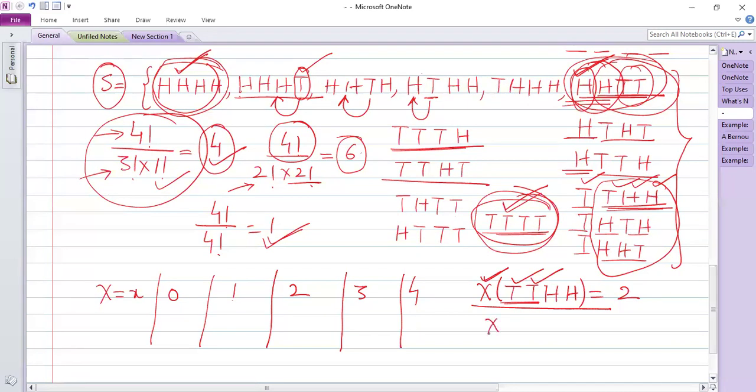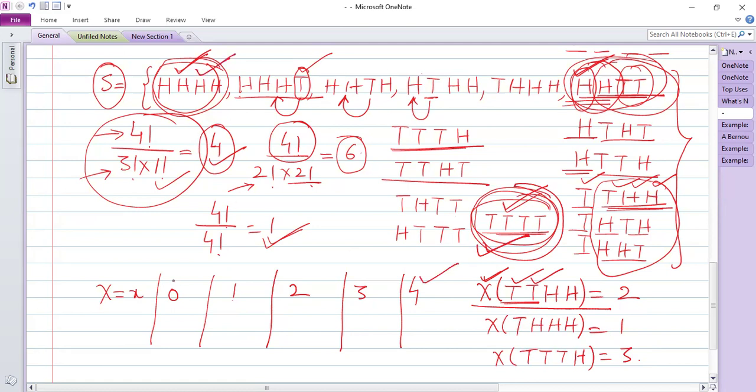So X at tail, head, head, head is 1. The value of X at tail, tail, tail, head is nothing but 3. At this outcome, it is 4. And the value of X at this outcome is nothing but 0.